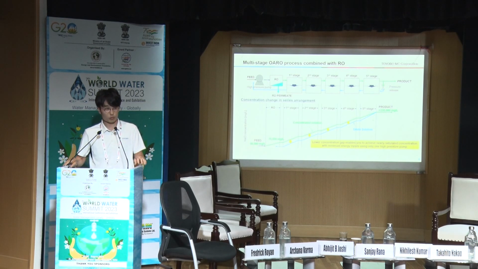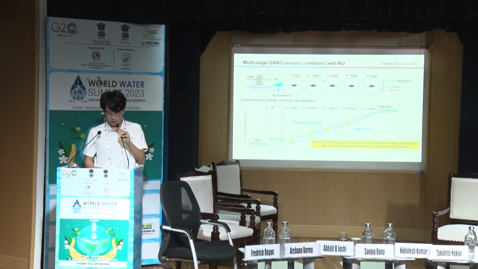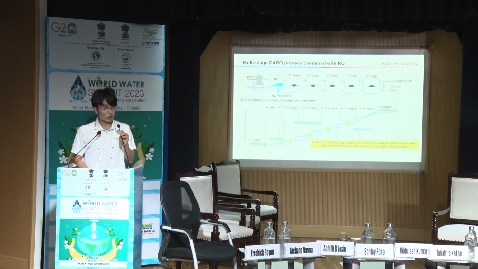We can concentrate RO brine to more than 200,000 milligrams per liter with one high pressure pump, because our multi-stage OARO process can utilize the back pressure of RO, and we do not need any additional pump between the RO and OARO.